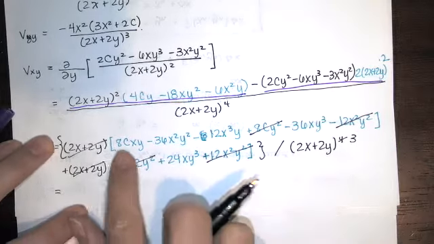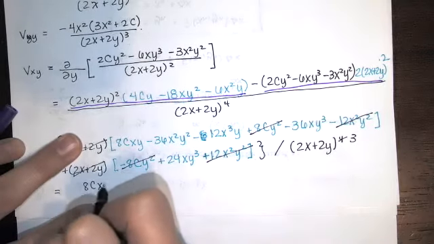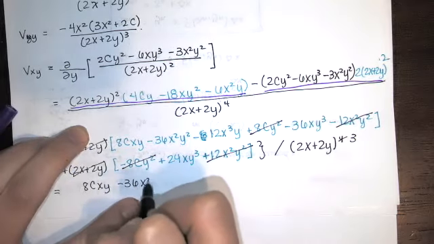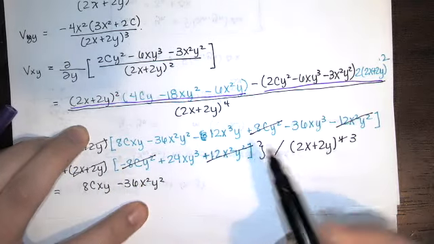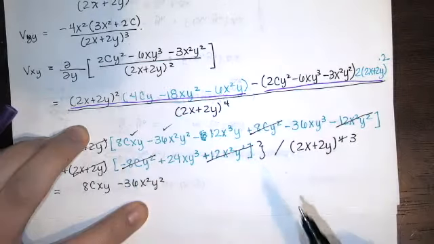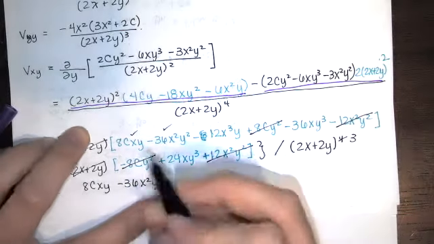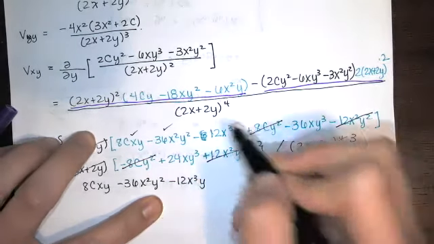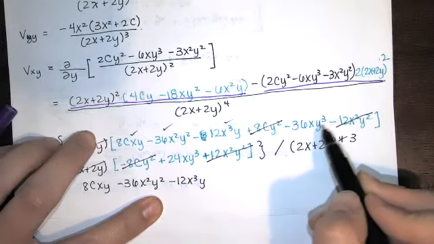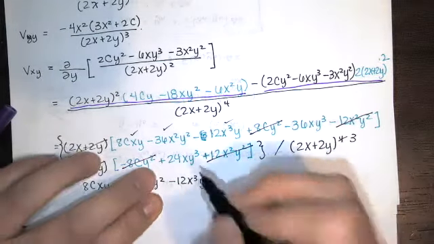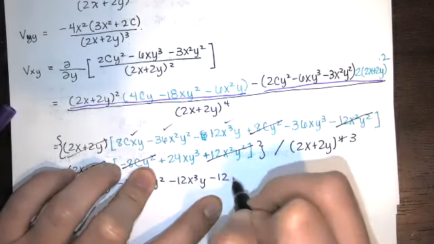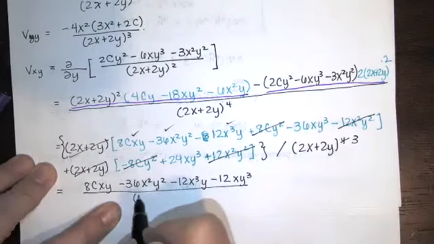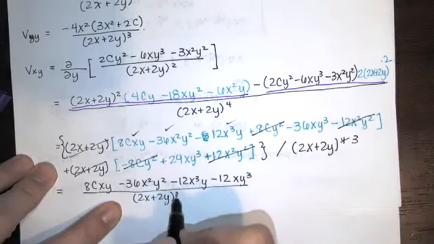So I've got an 8cxy minus 36x squared times y squared. And then this is x cubed y, so it's different. So it's 12x cubed times y. And this negative 36xy cubed plus 24xy cubed is going to give me a negative 12xy cubed, all over 2x plus 2y quantity cubed.